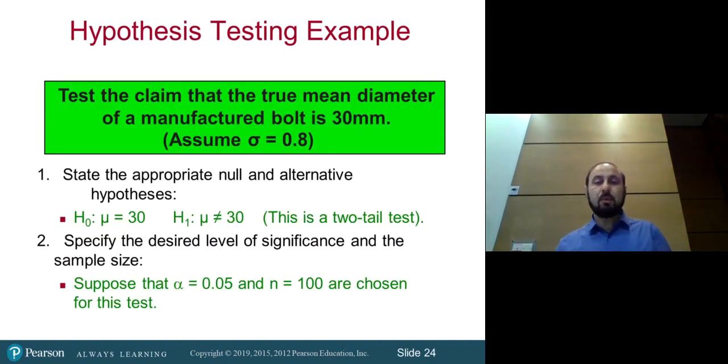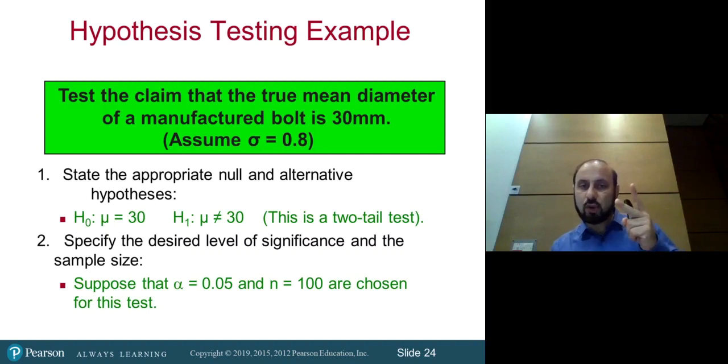Let me put all this into a practical example to show you how we decide whether or not to accept the null hypothesis. Let's say we want to test the claim that the true mean diameter of a manufactured bolt is 30 mm and our sigma is known, which is 0.8.